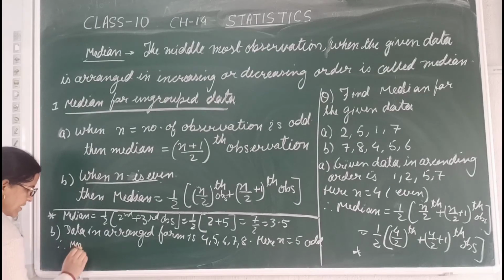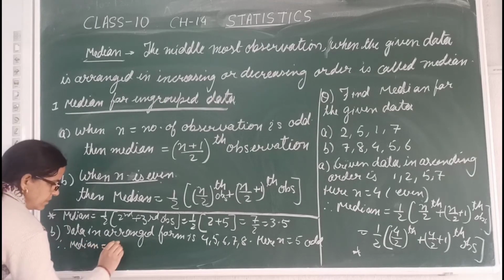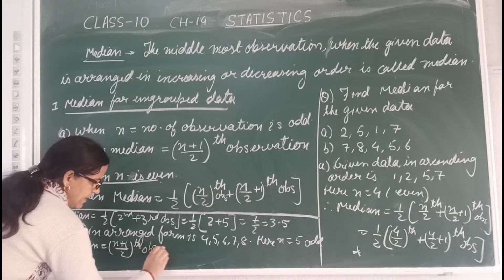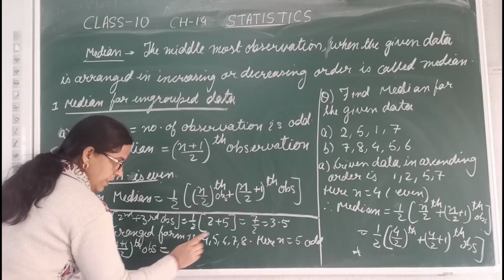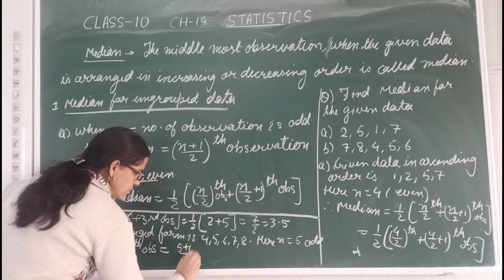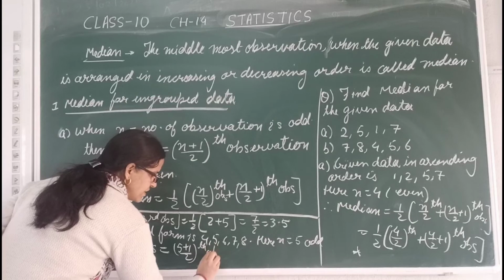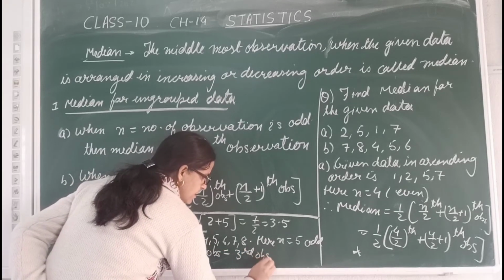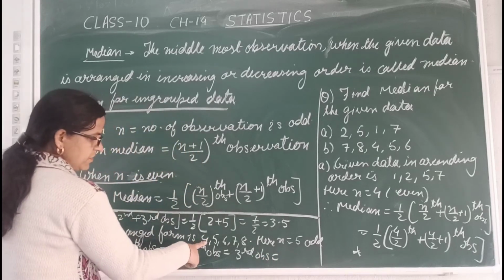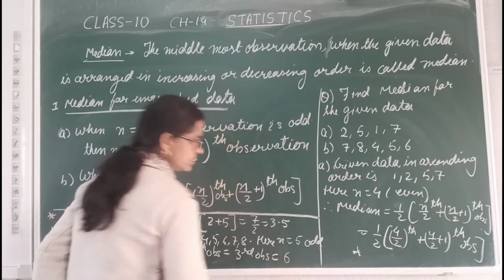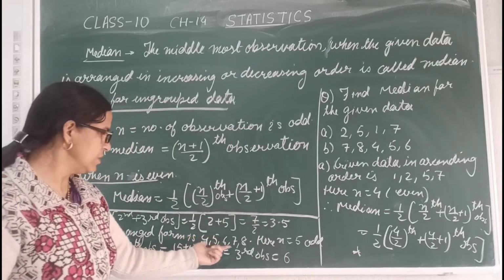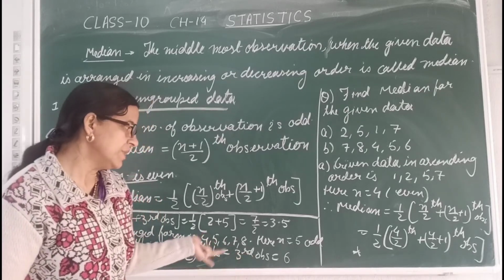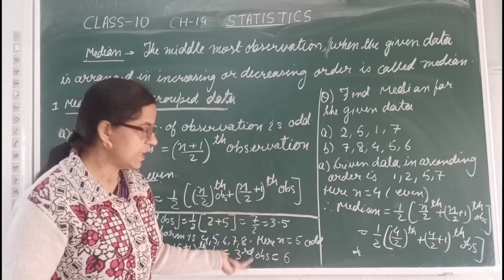Therefore, median equals n plus 1 by 2th observation, directly, n is 5, plus 1 by 2th observation, equals 6 by 2, that is the third observation. The third observation is 1, 2, 3, that is 6. So if n is odd and the number of terms is small, directly we can say that the middlemost observation is the median over here. But since we had to understand the formula, I have explained this.